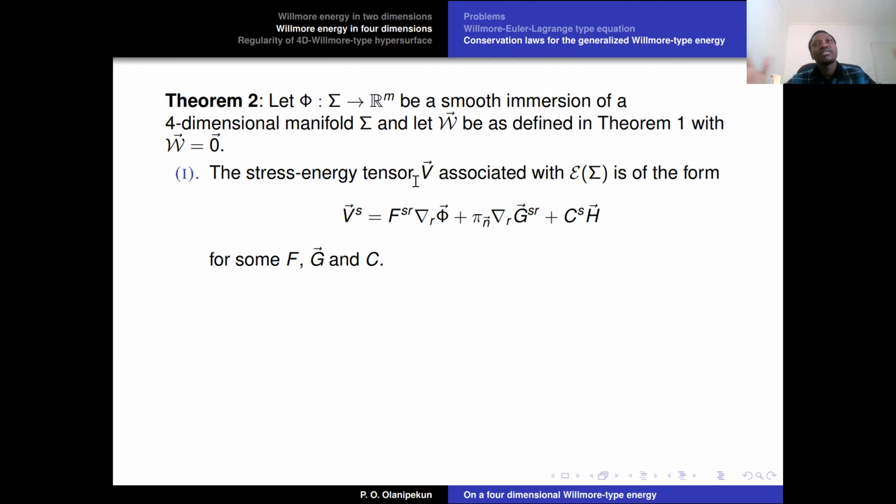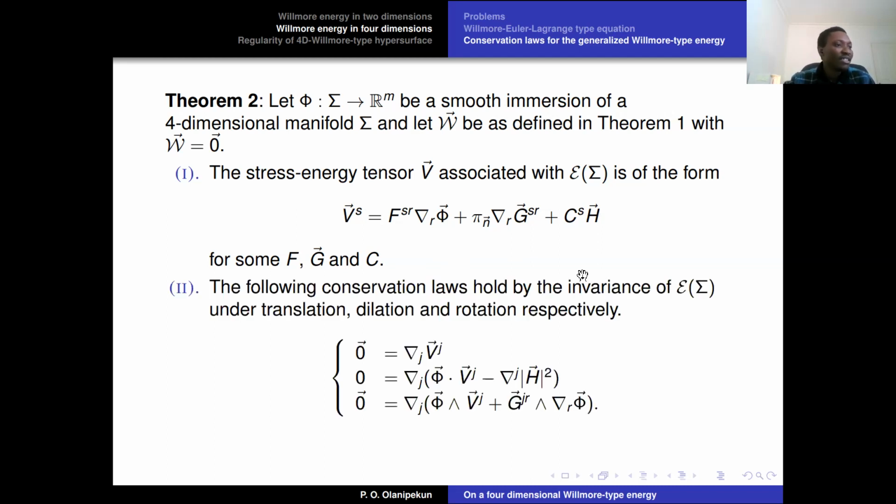When you look at the paper, you see the complete expression of this vector. It has a lot of terms in it, but we can neatly write it in this form. F, G and C are some geometric quantities. So that's our stress energy tensor, and it satisfies this conservation law.